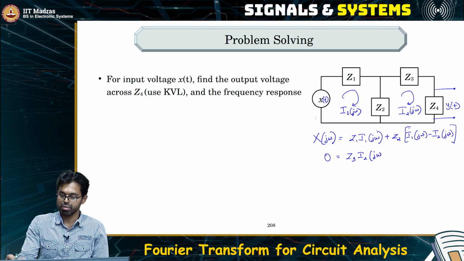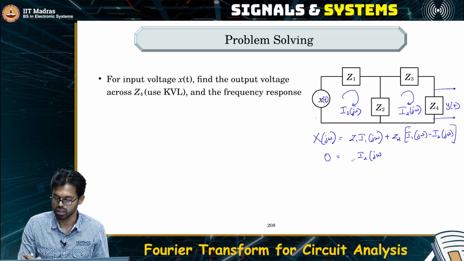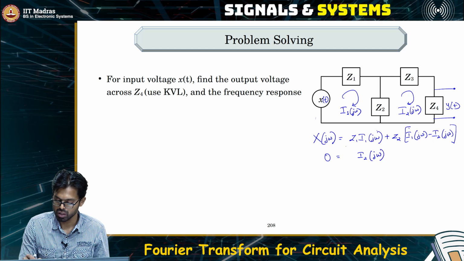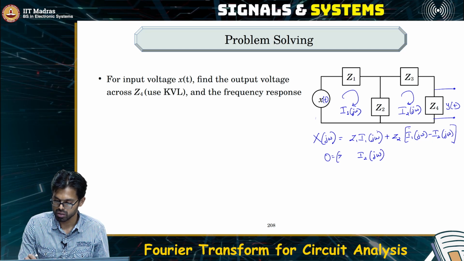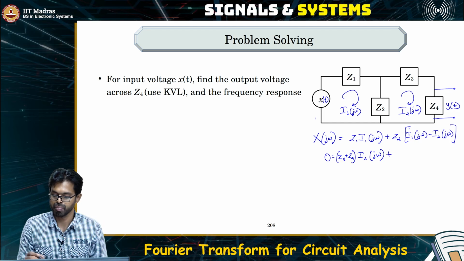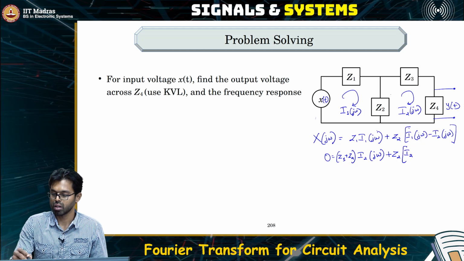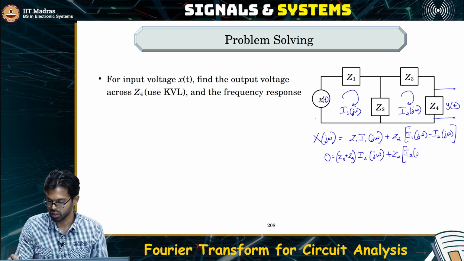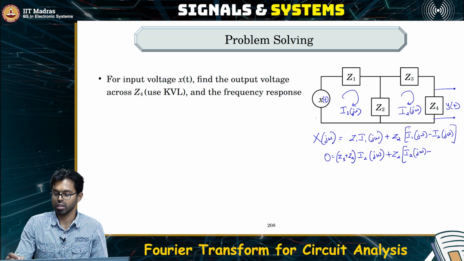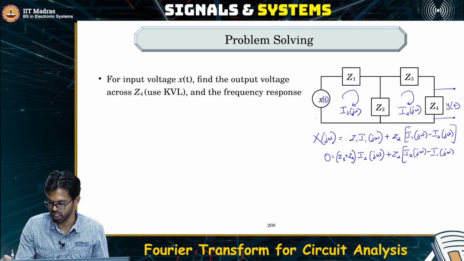The current in Z4 is also I2. So, you can say this is Z3 plus Z4 plus Z2 here. Now I2 is the direction of the current, forward direction, and I1 is opposing, so there is a sign reversal for I1.